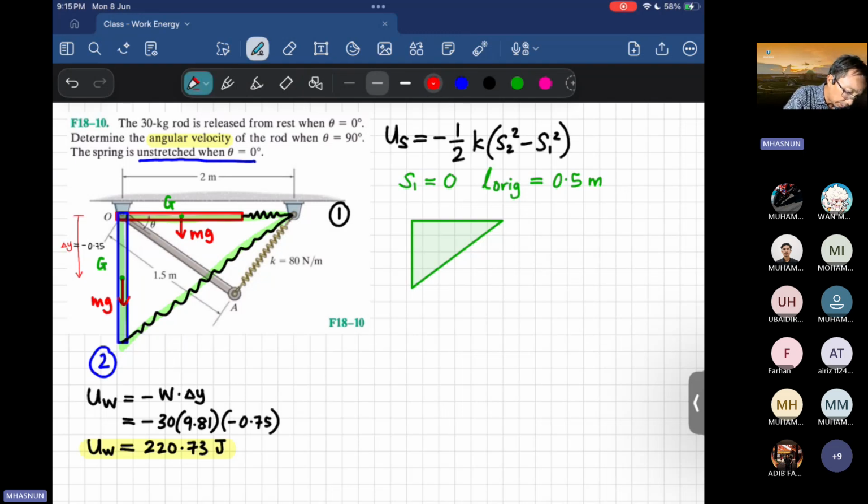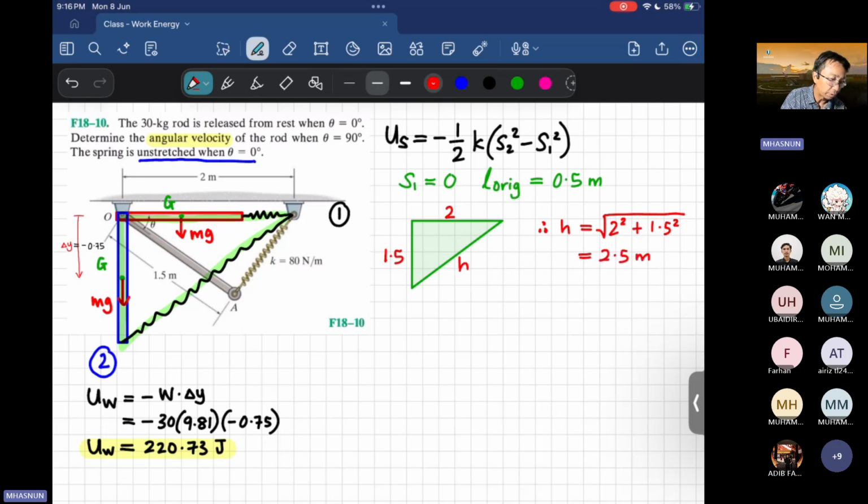So this is H, the hypotenuse. This is 2 meter and this is 1.5 meter. So we can get the value of H equal to the square root of 2 square plus 1.5 square using the Pythagoras theorem, and you will get H equal to 2.5 meter.